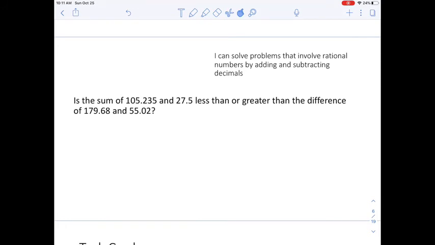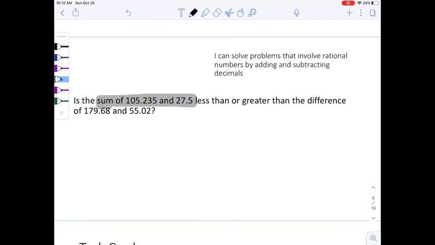Our last problem says, is the sum of 105 and 235 thousandths and 27 and 5 tenths less than or greater than the difference of 179 and 68 hundredths and 55 and 2 hundredths? So there's multiple parts to this problem.